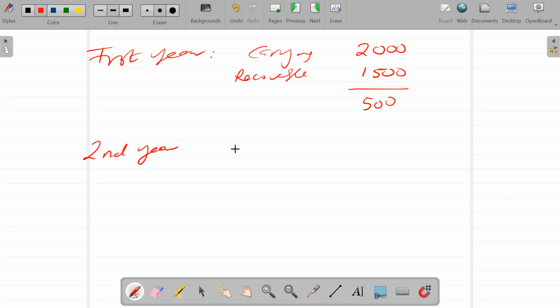In the second year, we did an impairment test, and we noticed that this asset has improved in performance. Therefore, we have to reverse the impairment loss that we charged in the previous year.